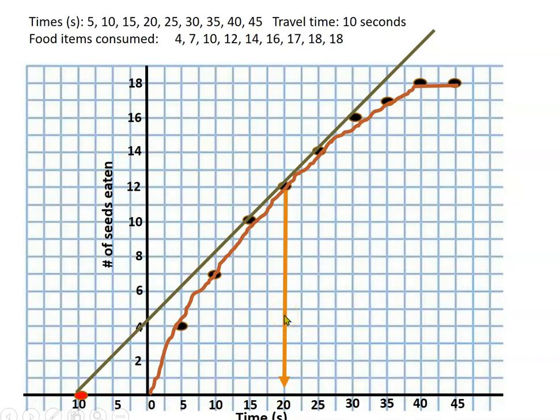But there's one more thing we can figure out from this graph too, and you probably remember this from our homework assignment. What about that giving up density?